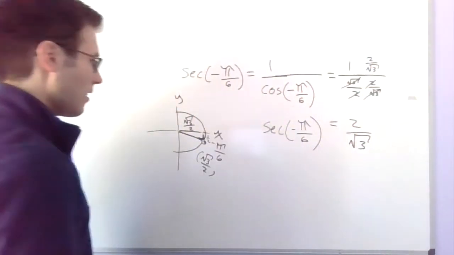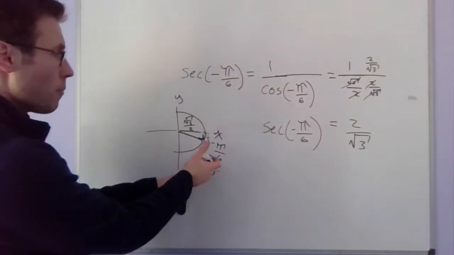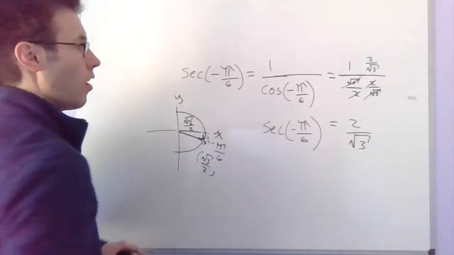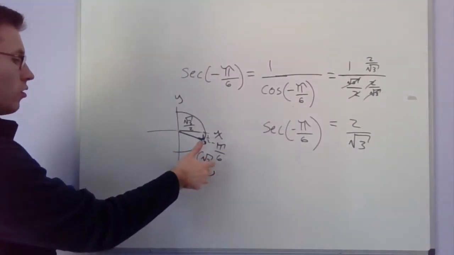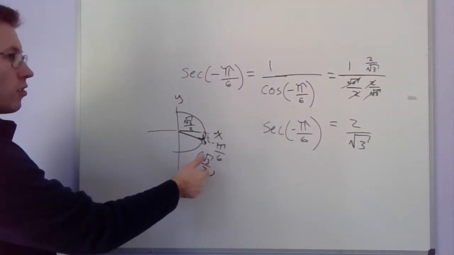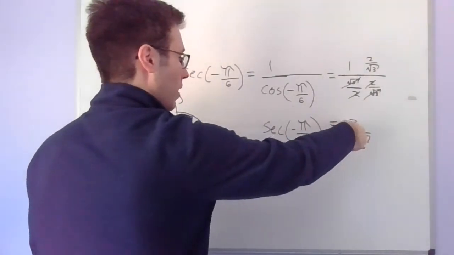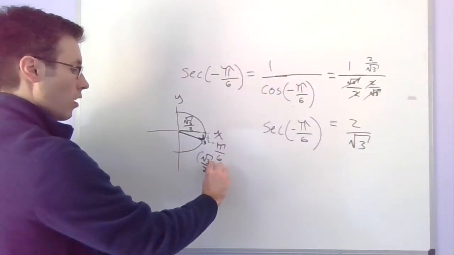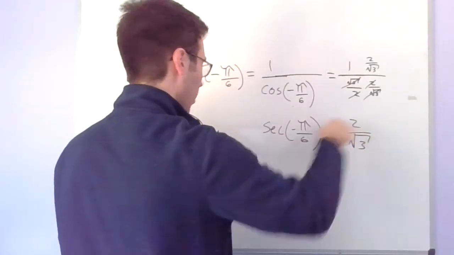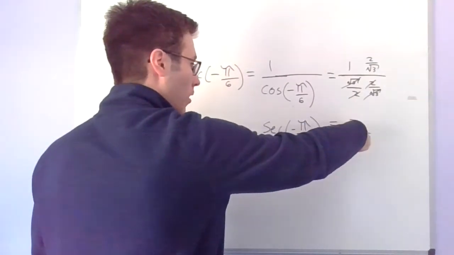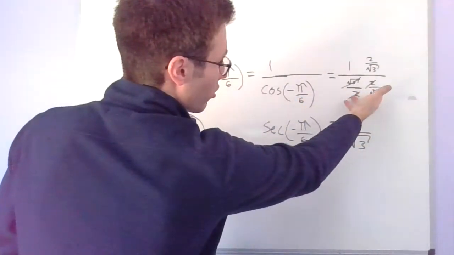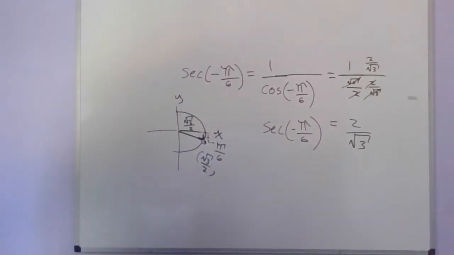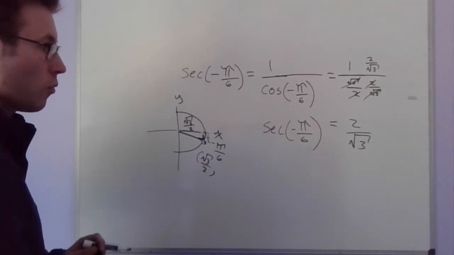We're not done yet. And notice what happened in that long process right there. We had square root 3 over 2, and these just flipped here. Because of the relationship between cosine and secant, we could just take our values and flip them. So we don't have to do that reciprocal process every single time, but it's a good idea to at least see it every once in a while.